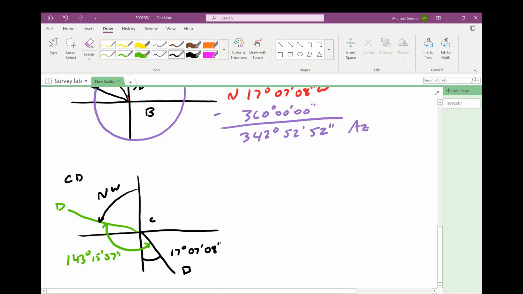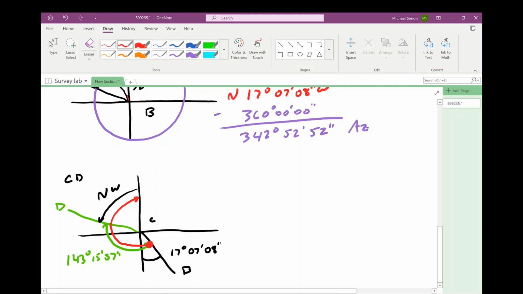It's a northwest bearing. So this one's a little bit trickier. If I sum these up, I have an angle starting here. I can go all the way around to here and then to here. So I have all of that red. That's my total angle. What I'm looking for is just the northwest part.